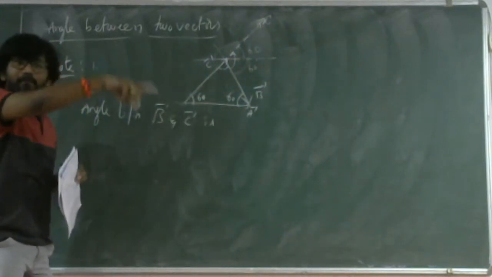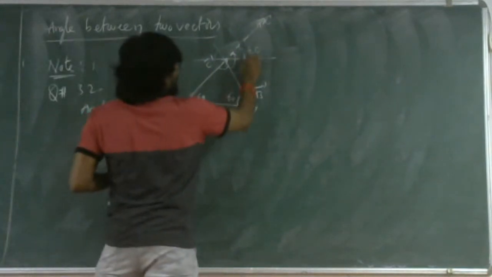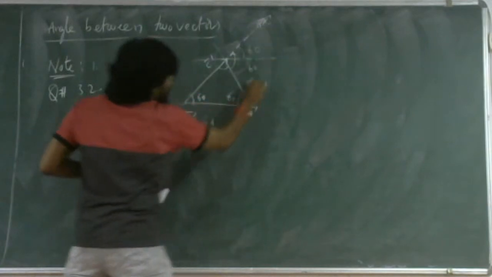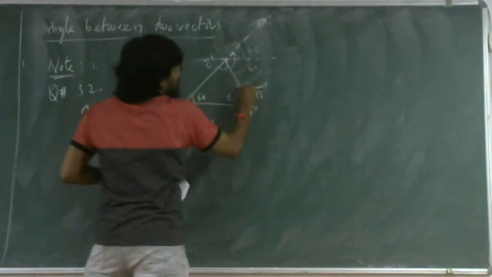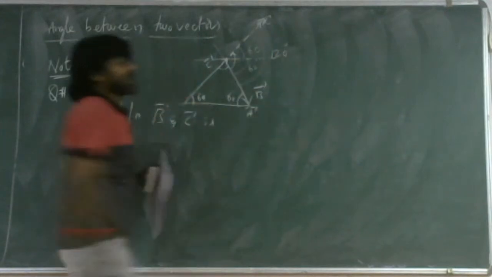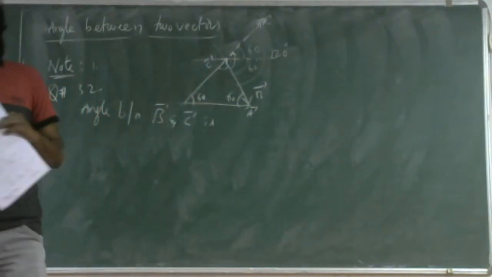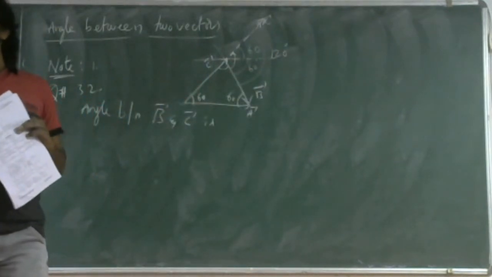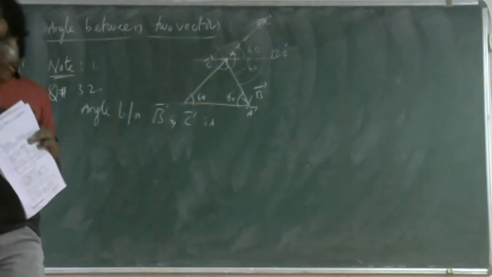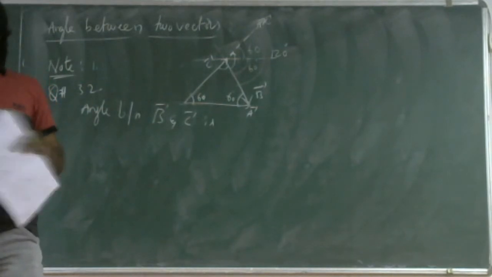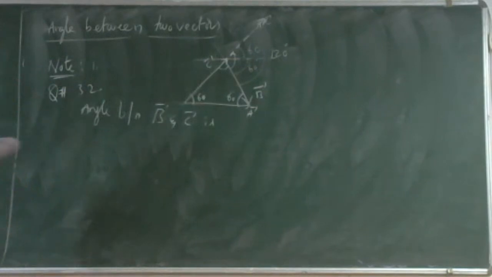Opposite angles will be the same, by symmetry. So this is 60, this is 60. The total angle between B and C will be how much? 120. This simplification process you have to understand by working out more examples. Okay, note this down: the angle between them should be 120 degrees.